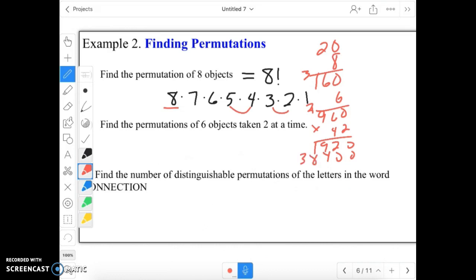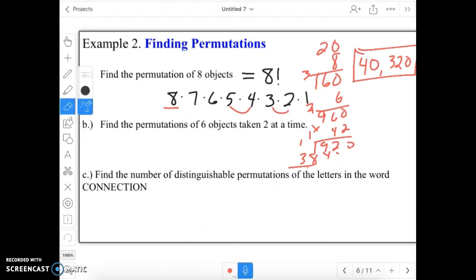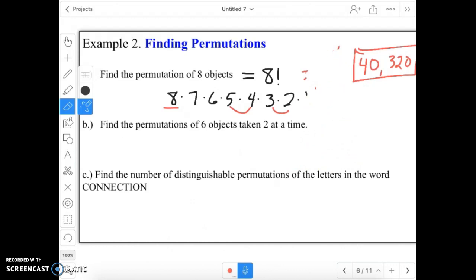So 8 factorial is going to give us 40,320. Okay, so quite a bit of work of just multiplying. There is a way you can do this on your calculator, and I'll show you guys in class how to find that factorial button.